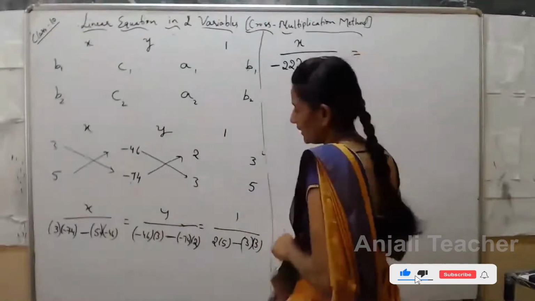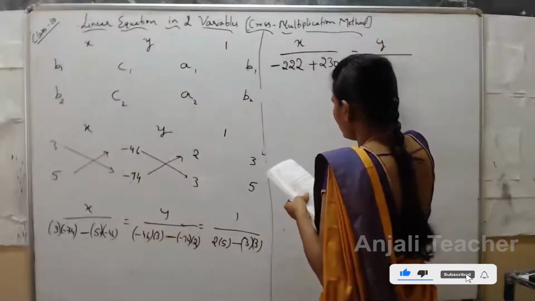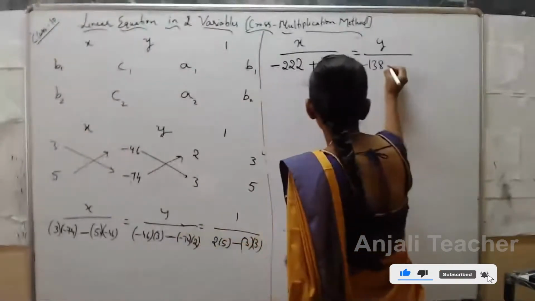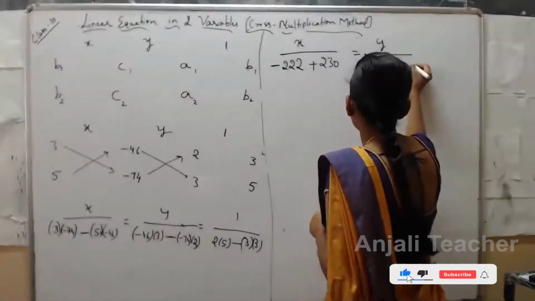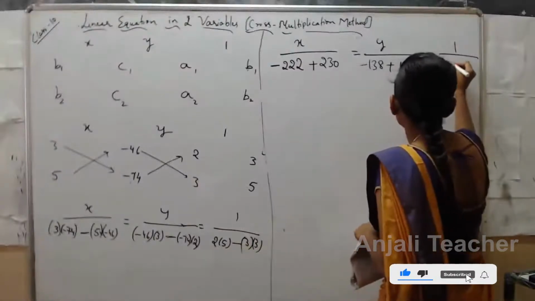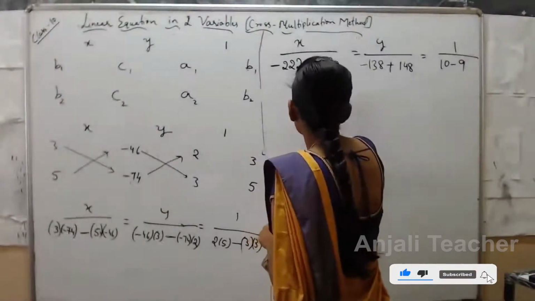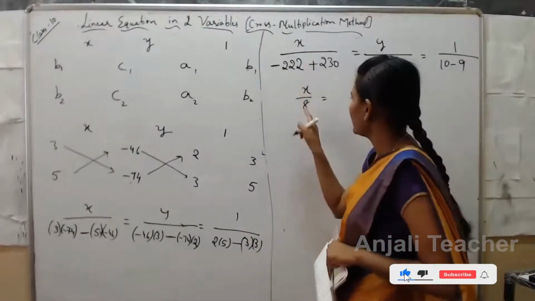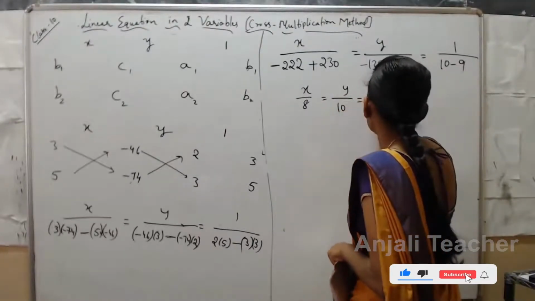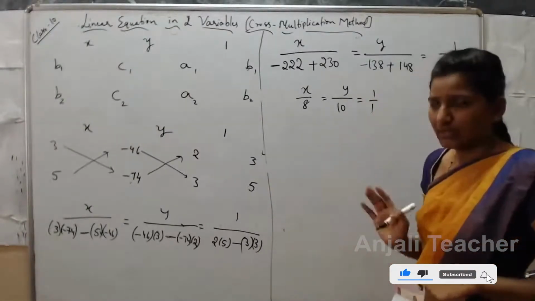You can do it by calculator. Minus 46 into 3 is minus 138. Here minus into minus is plus, 74 into 2 is 148, is equal to 1 by 5 2s are 10 minus 3 3s are 9, 10 minus 9. Okay. Now this becomes x by 8, because if you subtract 222 from 230 you will get 8. Y divided by 148 minus 138 is 10, which is 1 by 1. So this is the simplified form by using the cross multiplication method.